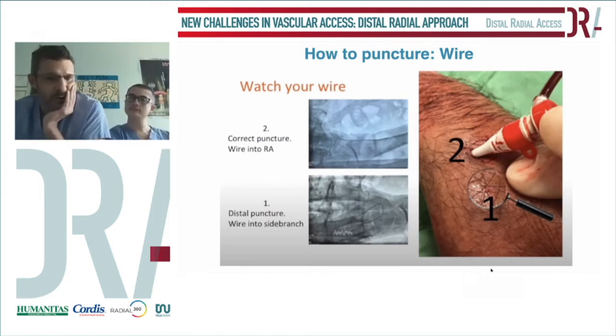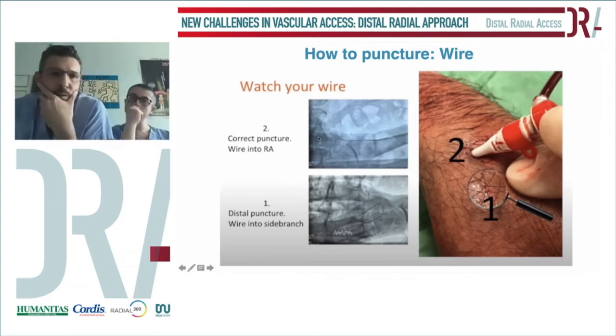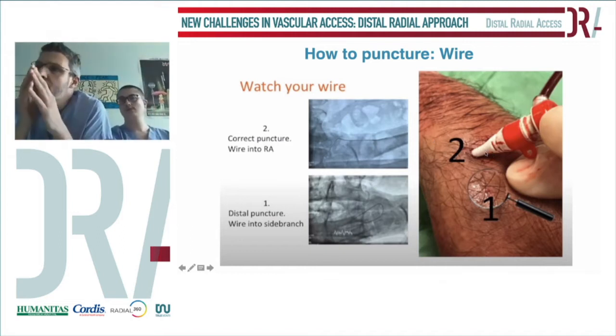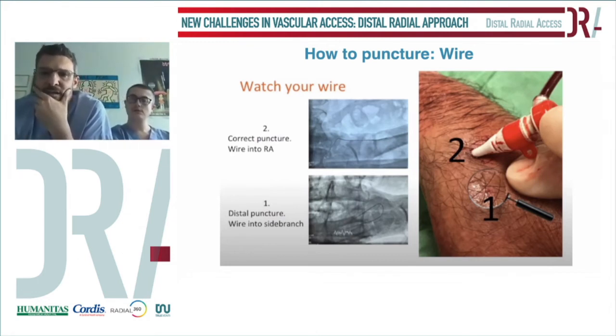This example could be interesting regarding this kind of question, because if you perform a correct puncture in the anatomical snuffbox, maybe you don't have problems of tortuosity of collateral branches in advancing your wire, like in this case.